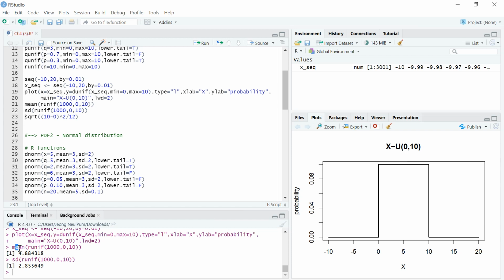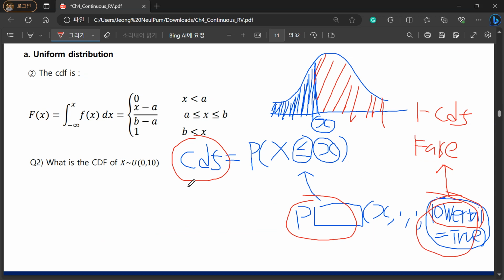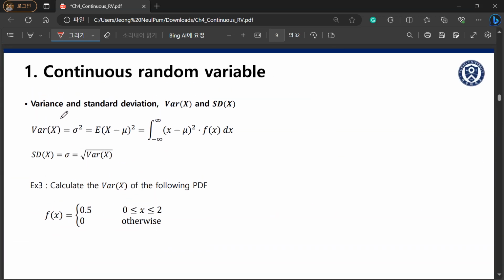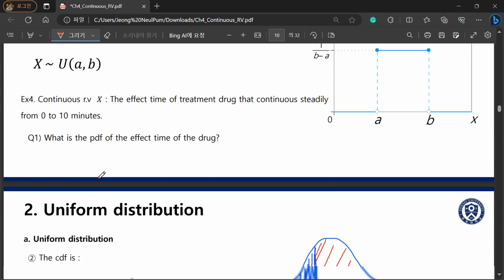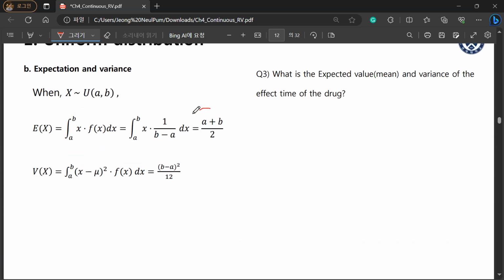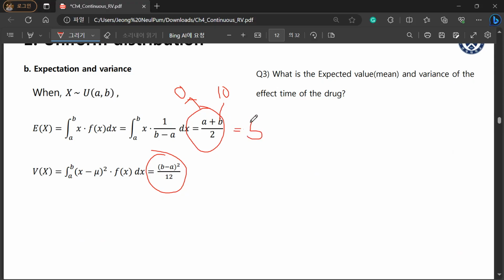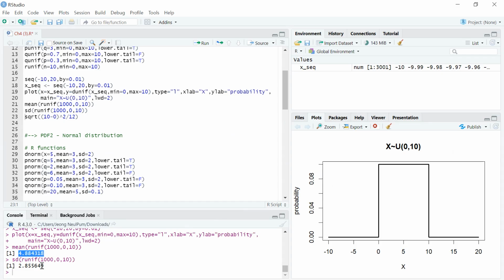So you can also check if this value is theoretically correct from this formula. And our A is 0 and B is 10 in our situation. So we can see that it is almost the same, which is 5 in our situation, and the result is about 4.88.